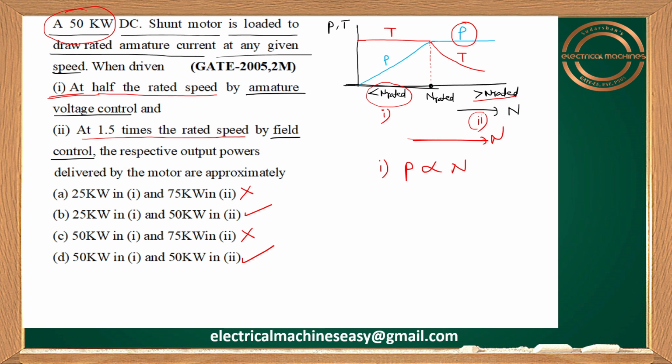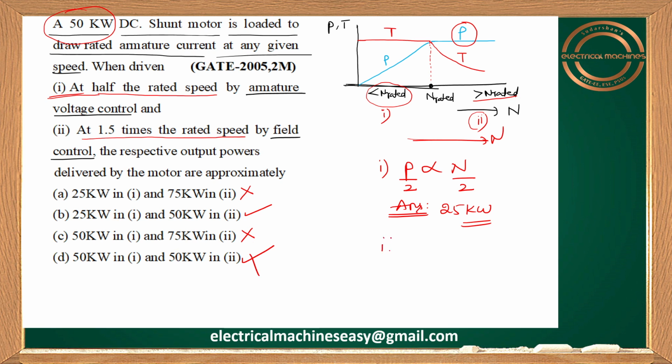He's saying that at half of the rated speed, that means speed is reduced by half. So power is also reduced by half, 50 by 2, so 25 kilowatts is the answer. Option B contains 25 kilowatts in case 1. So obviously B is the correct one, whereas D is wrong.